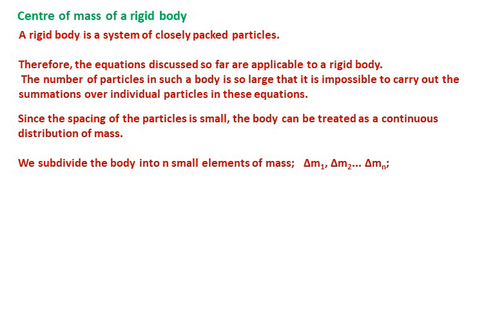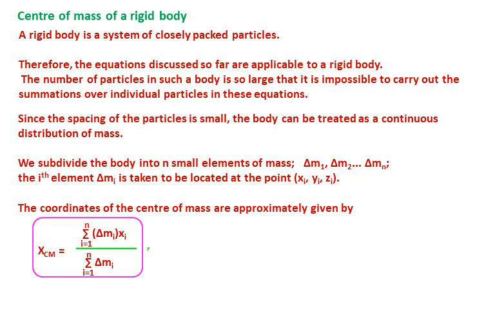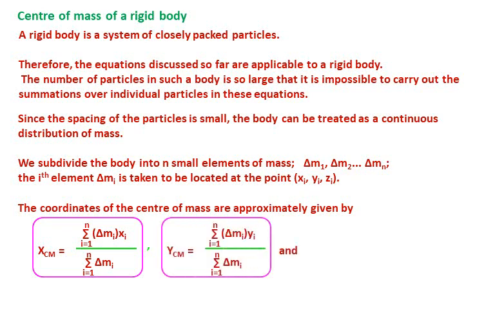And we will subdivide the body into n small elements of masses delta m1, delta m2 and so on. So the coordinates of the center of mass are approximately given by the equations.